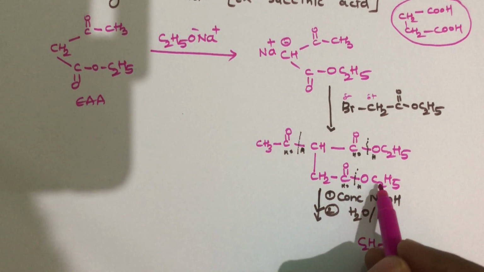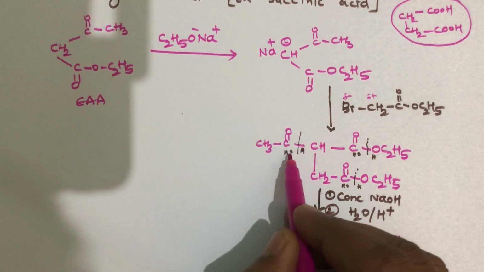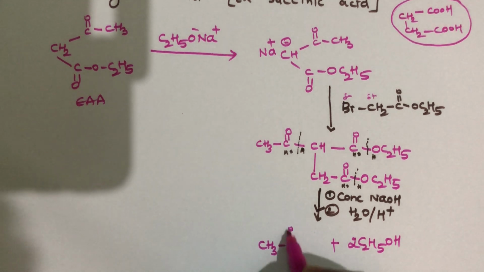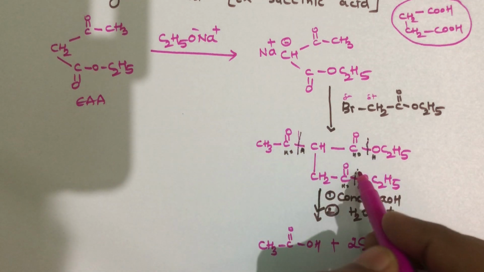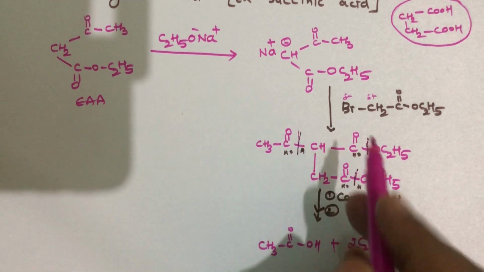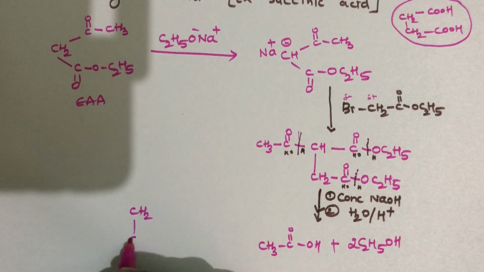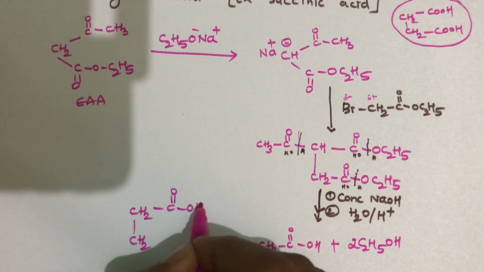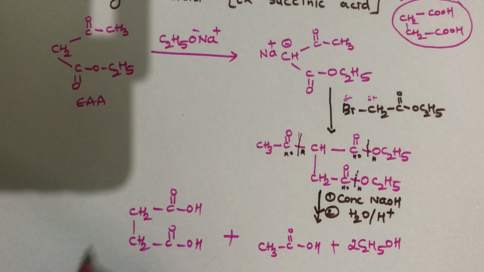This bond breaks, H adds here, you get 2 molecules of ethanol. This bond breaks, OH adds here, so you get CH3 C double bond O OH. So the remaining is this part. Now H adds here, so we have CH2, CH2, then C double bond O OH, C double bond O OH. So this is how you end up getting succinic acid.